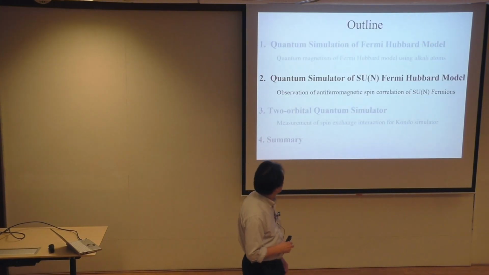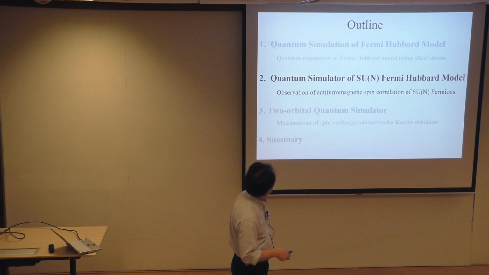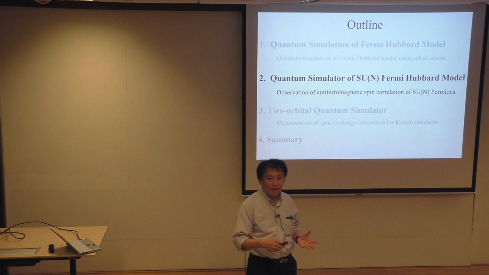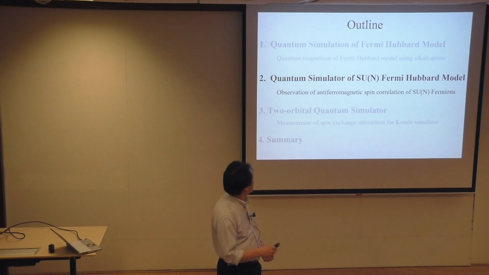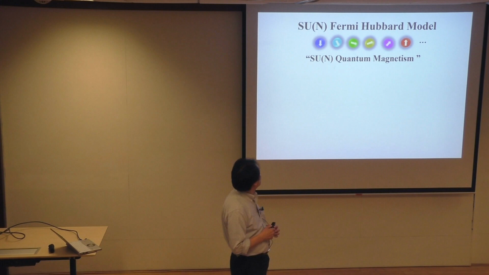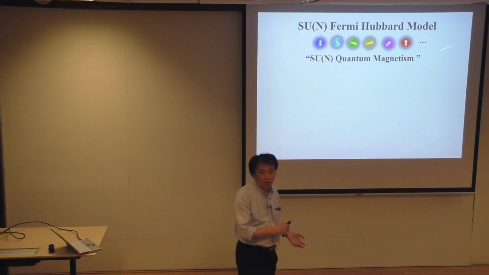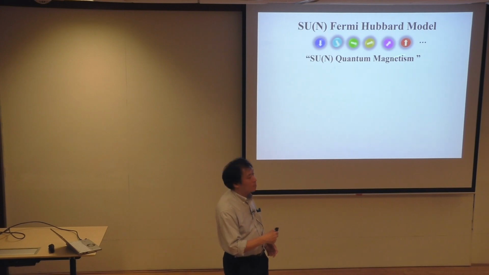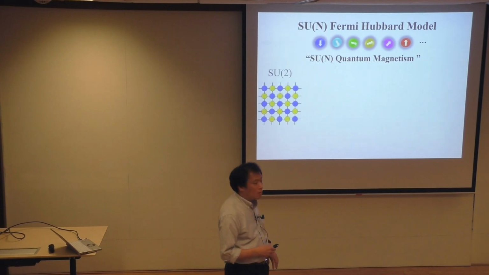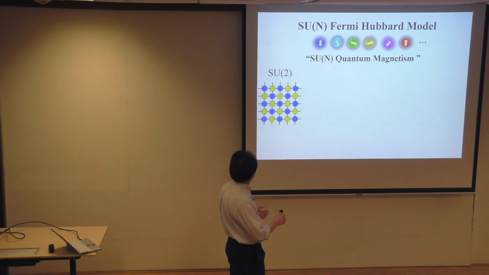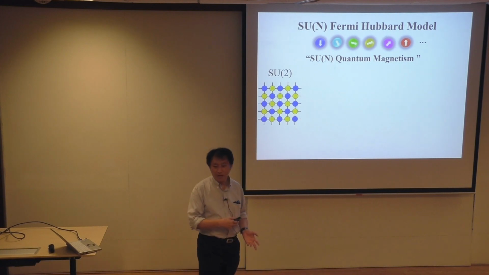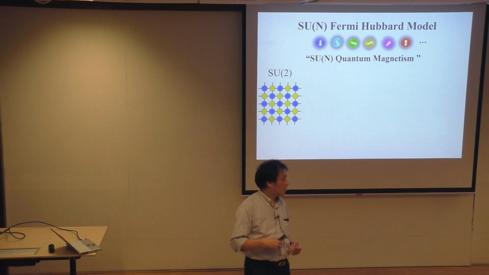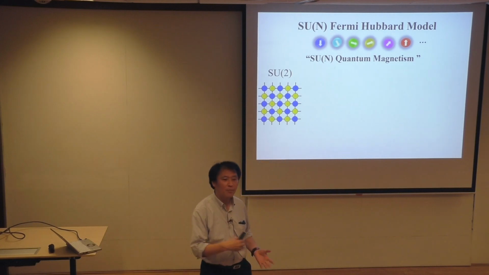Now I'd like to talk about our recent work on a quantum simulator of the SU(N) Fermi Hubbard model. With the SU(N) Fermi Hubbard model with N spin components, we can study novel SU(N) magnetism. In the case of SU(2), in a square lattice at half filling, such an antiferromagnet is theoretically predicted and experimentally observed.